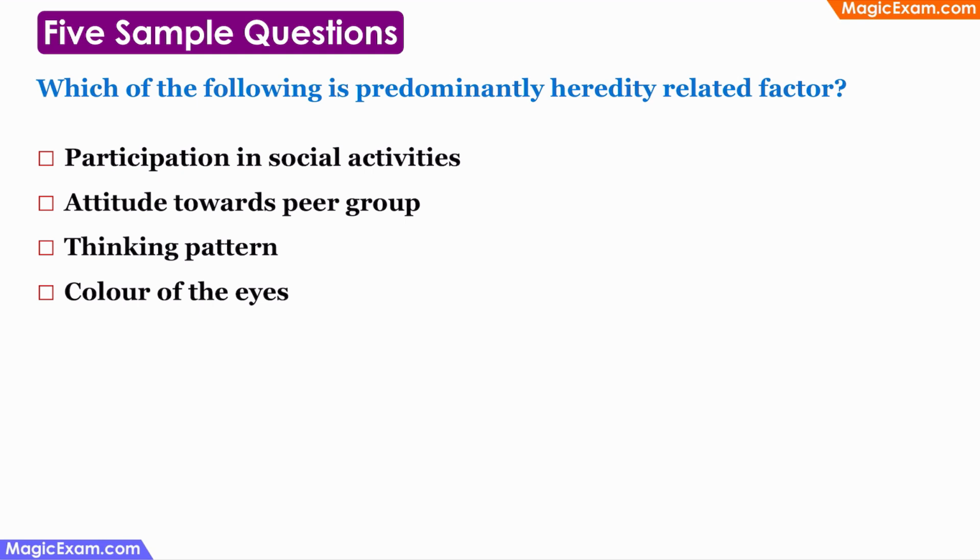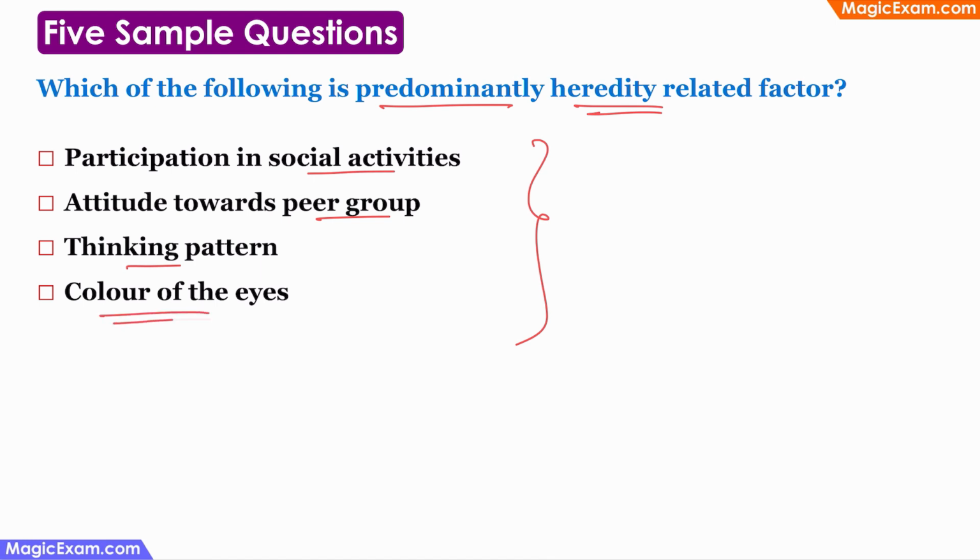Which of the following is predominantly a heredity related factor? Now we have to identify which of these factors are affected by heredity. Now, participation in social activities is not because of what is there in a person's genes or DNA, and attitude towards a peer group, that is how the child will interact with a peer group, is also not written in anybody's DNA. Thinking pattern is also not written in anybody's genes.